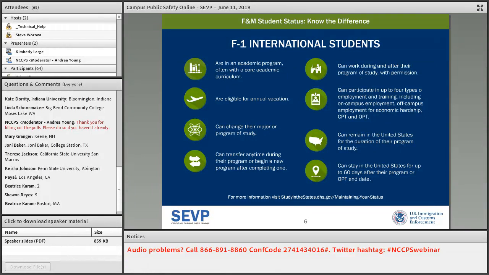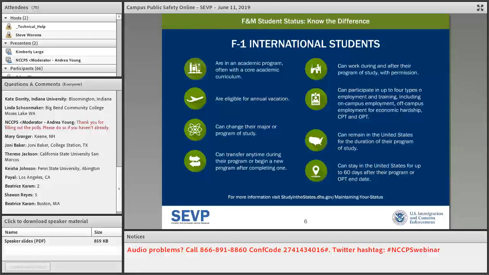So what is an F1 student? I've already mentioned F and M a couple of times. So an F1 student is primarily going to be an academic student. So that's going to be where you're thinking maybe your K through 12 students traditionally, or your college or university students, students going through degree programs, that type of thing.